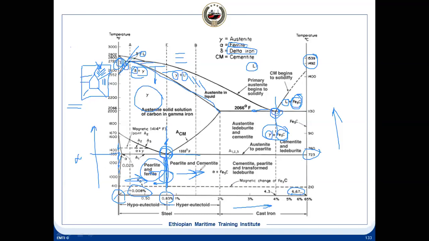That is the pearlite plus cementite. So we have this structure plus the cementite, means the carbon and the carbide will be on the grain boundary. For example, there will be Fe3C. So Fe3C will increase as you move in this direction, and your structure will become harder.